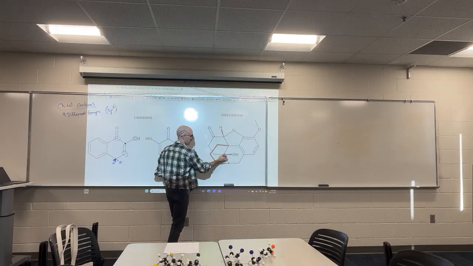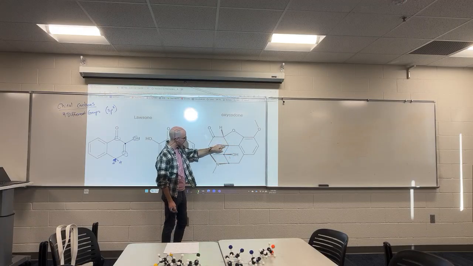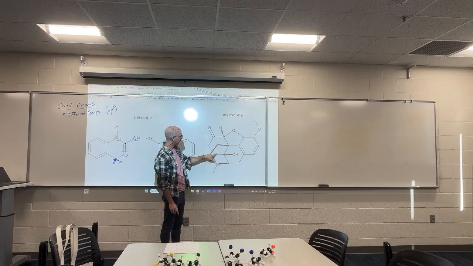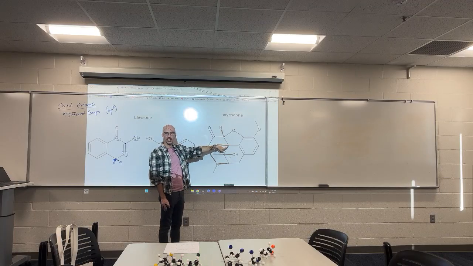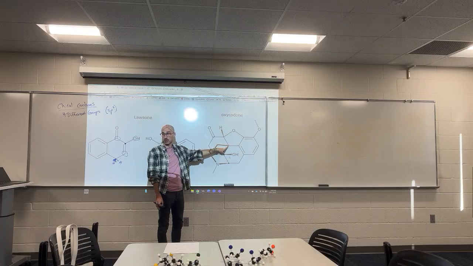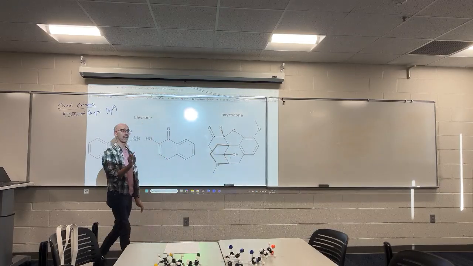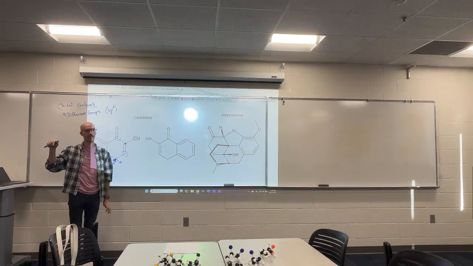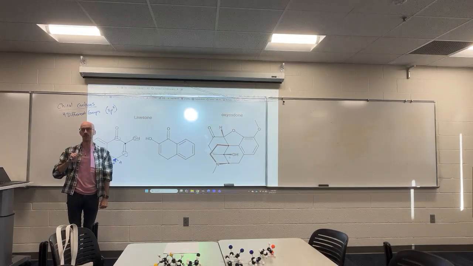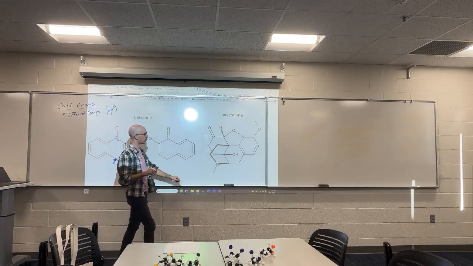This carbon here is bonded to an oxygen, a secondary amine carbon, a CH2, and a quaternary carbon. Those are all different groups. This carbon here is a quaternary carbon, meaning it's bonded to carbon in each of its 4 bonds. We need to prove that all 4 of those carbons are part of different groups.